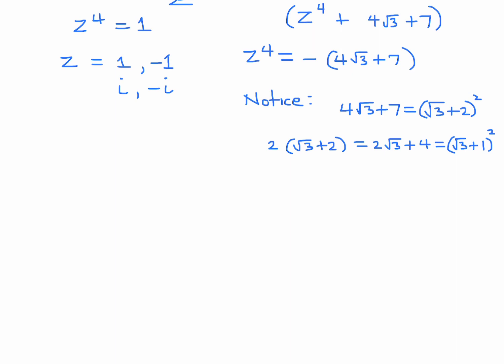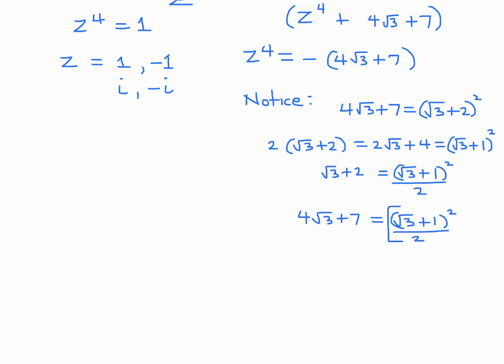So that means root 3 plus 2 is the same as root 3 plus 1 squared, all divided by 2. And therefore 4 root 3 plus 7 is equivalent, if we look up here, instead of root 3 plus 2, I'm going to put in this root 3 plus 1 squared over 2, and that's all squared.